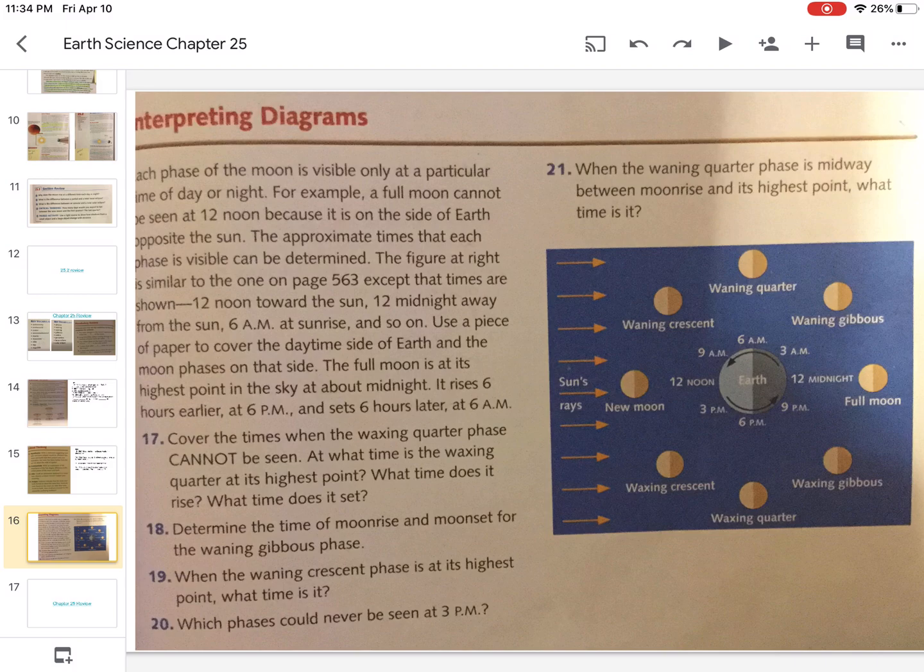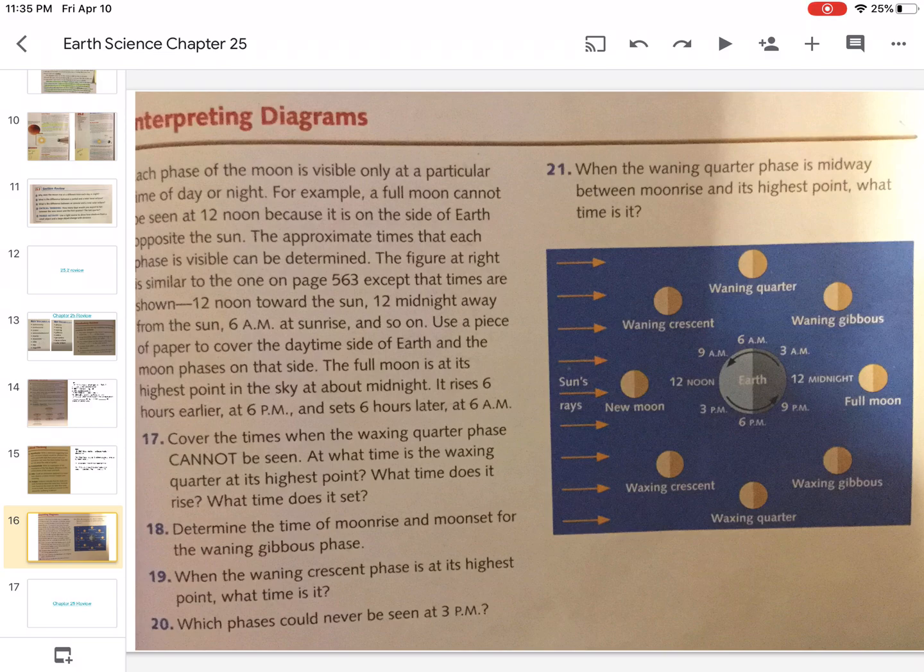Okay, number 18. Determine the time of moonrise and moonset for the waning gibbous phase. So let's find that, waning gibbous. So waning gibbous is at the top to the right, and it's asking us again, time of moonrise and moonset.